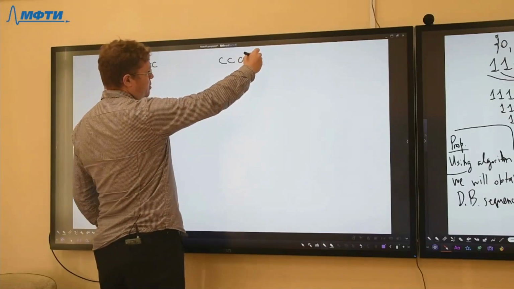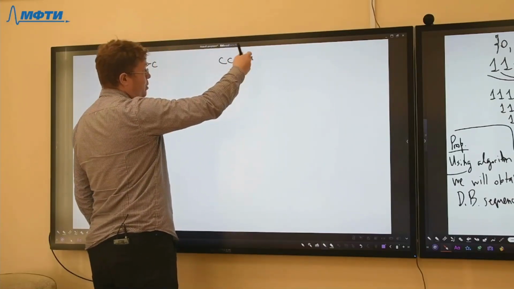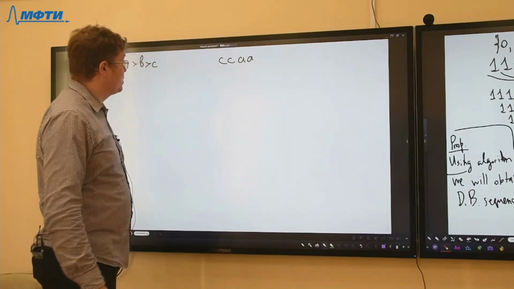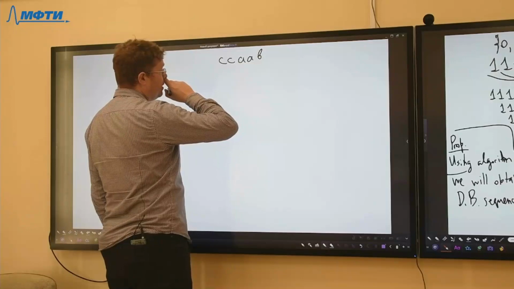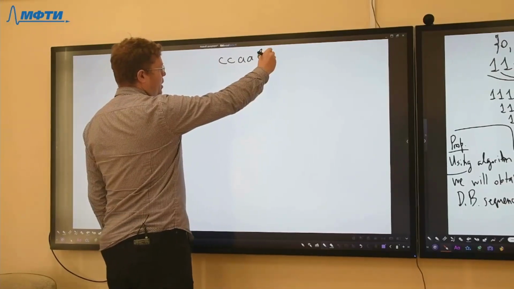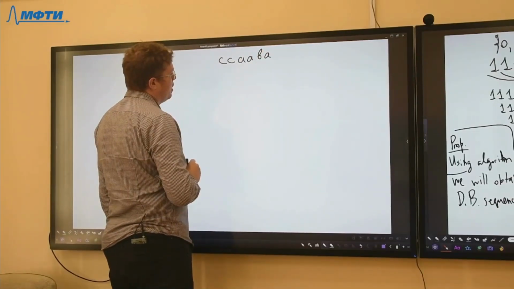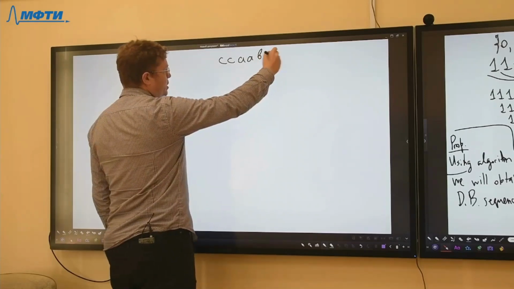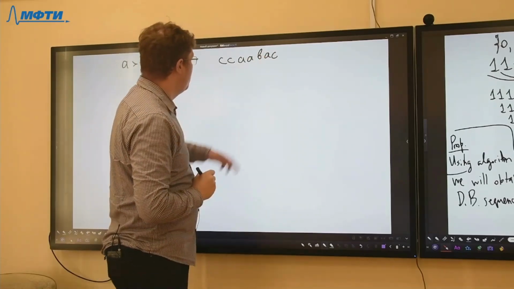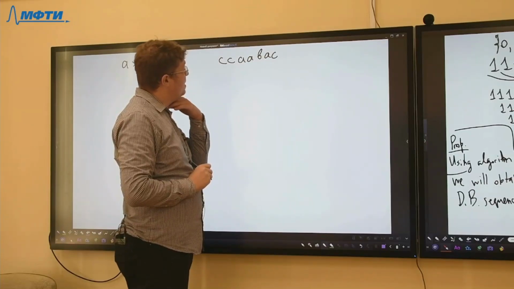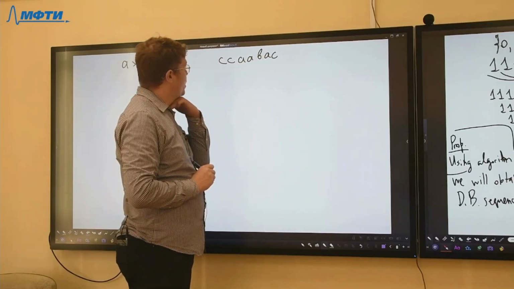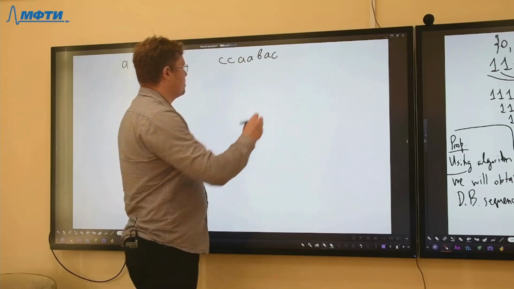Then we try to write A, but we cannot because it would be the same sequence as before, so we write B here. Then again we try to write A. Then we cannot write B, so we write C. After C, we cannot write A because we already made the sequence, so we write B.